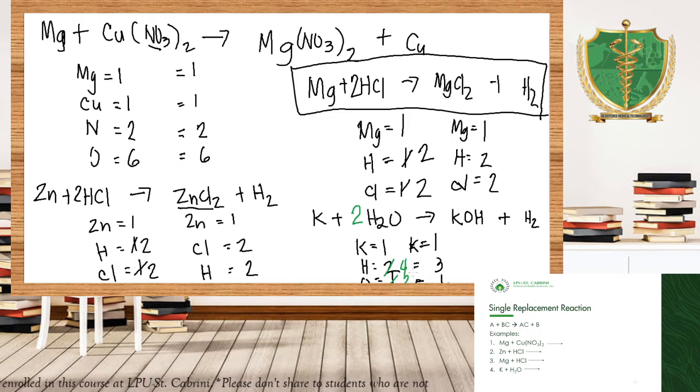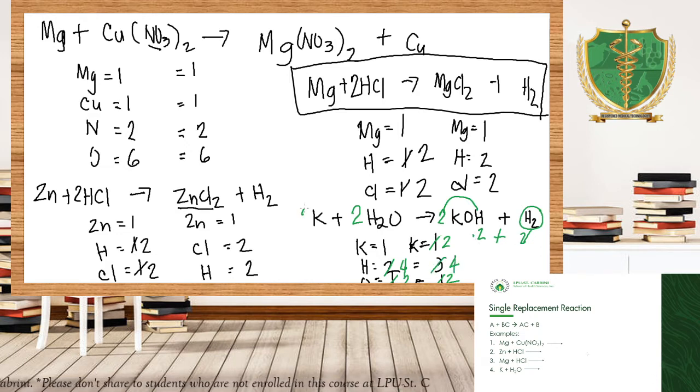Hindi. Dagdag tayo dito ng 2. 2 ang ating potassium. Ang ating oxygen ay 2. 2 times 1, 2 plus 2 of here, 2 times 1 is 2. 2 plus 2 is 4.